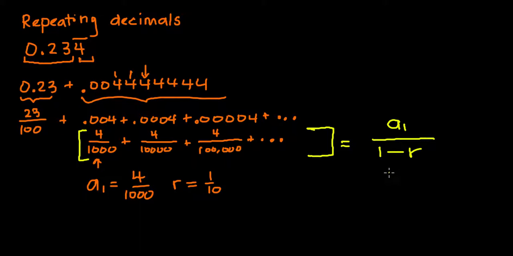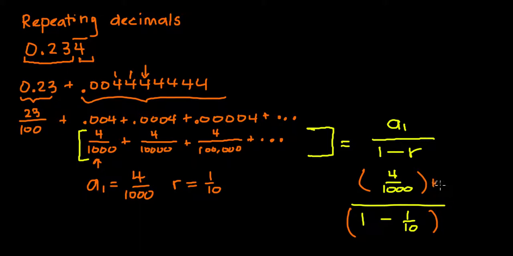So I can take my formula and plug in a sub 1 and that r, and I can get 4 over 1,000 divided by 1 minus 1/10. And then just simplify this thing right here. Now me personally, I'd probably do a little bit of fraction reduction here. So I'm going to get rid of that 1,000 by multiplying the top and bottom by, yeah, that's right, 1,000. What this will give me is on the top, it'll turn into 4.